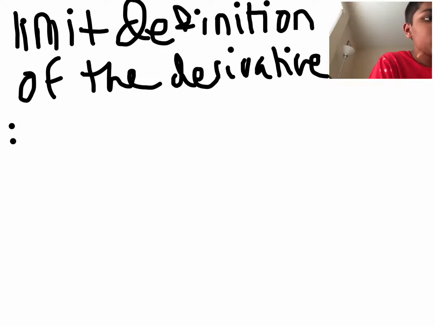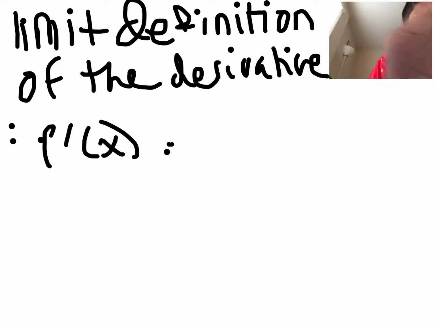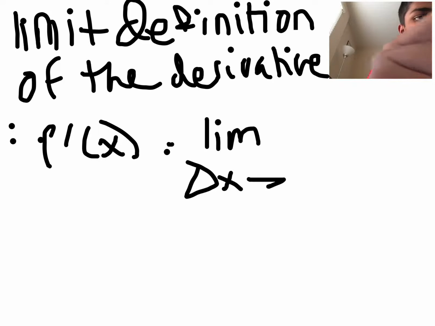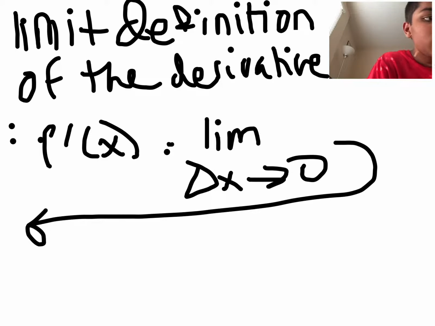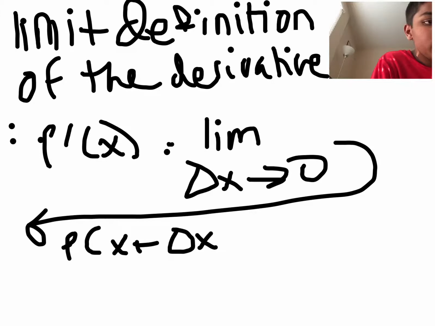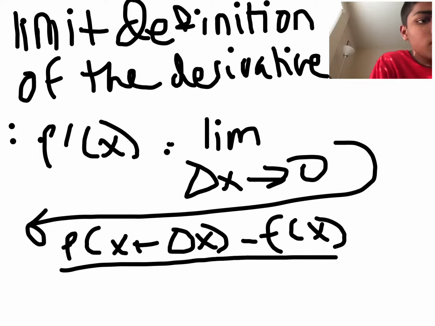It is defined as f prime of x is equal to the limit as delta x goes to 0 of f of x plus delta x minus f of x, all over delta x.